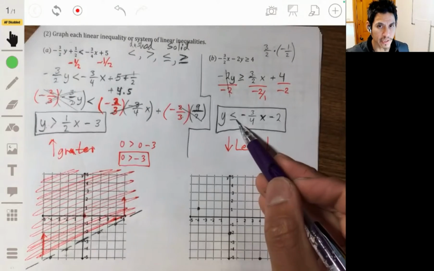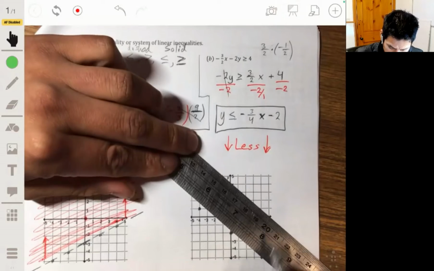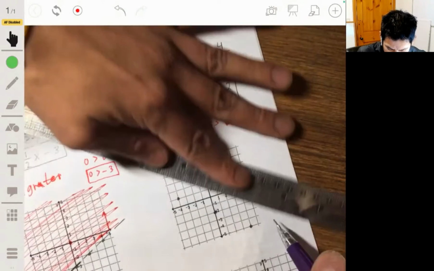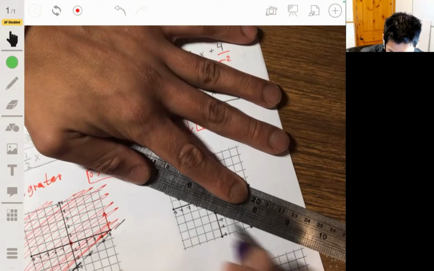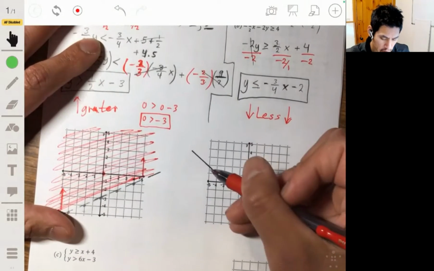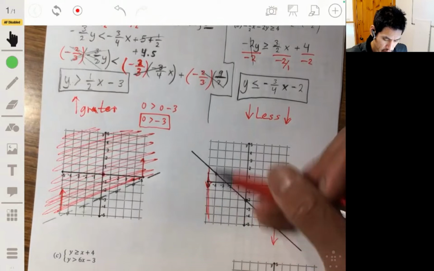And this is going to be a solid line because we're saying less than or equal to, so we include the line in our solution. So below this line, right in here is going to be our solution space.